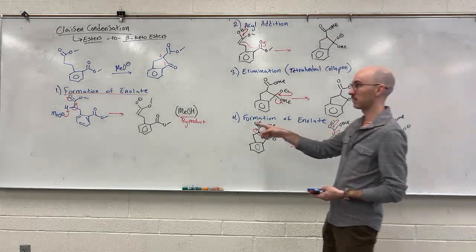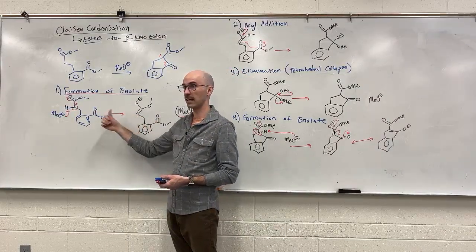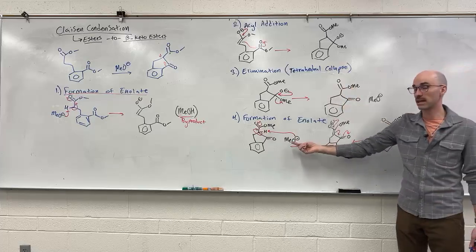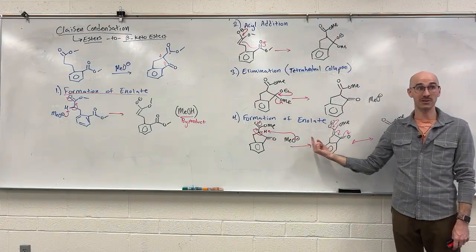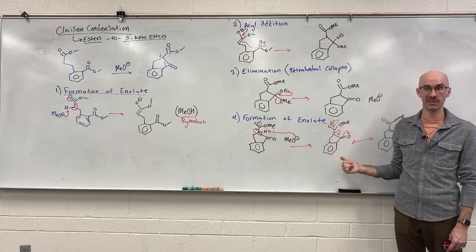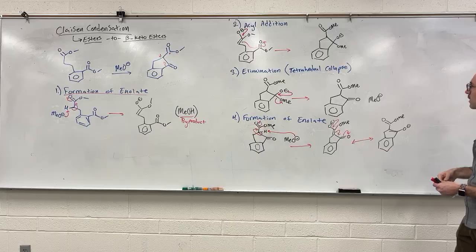This reaction does not favor the formation of the enolate, but once the enolate forms, it can react. This reaction favors the formation of the enolate. So once it forms, it's stuck here. I can't get my product back because it just got deprotonated.